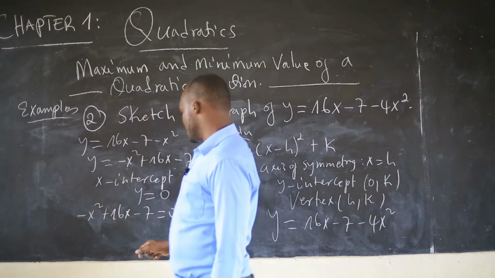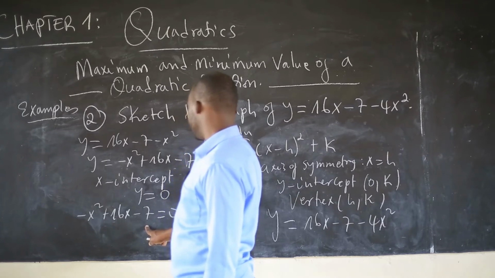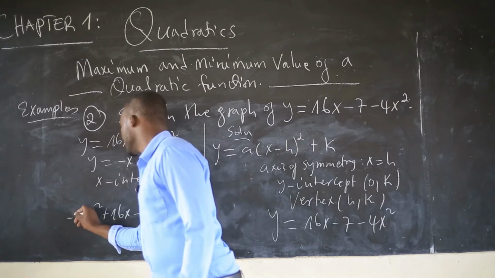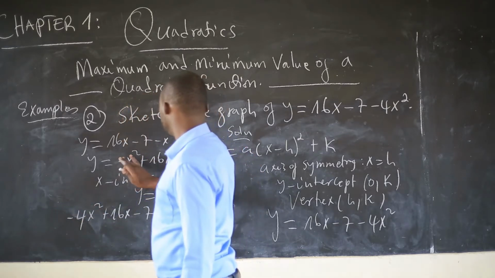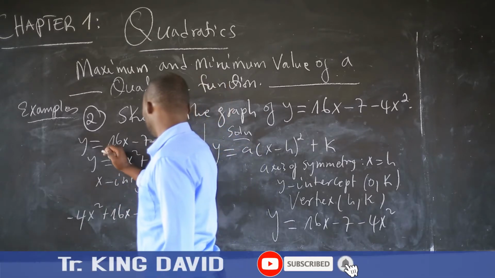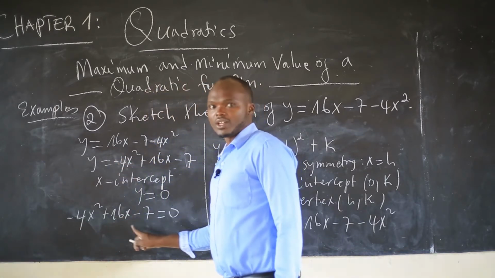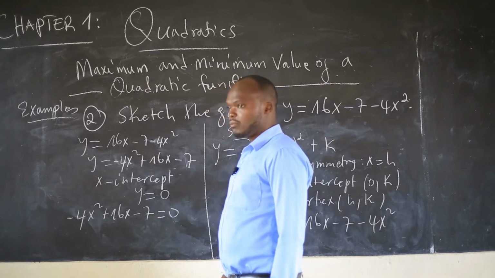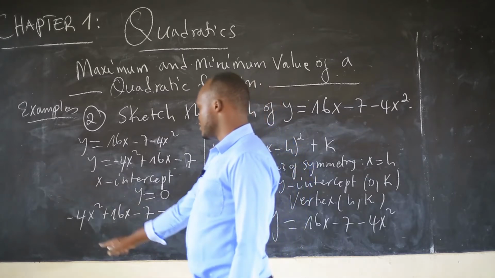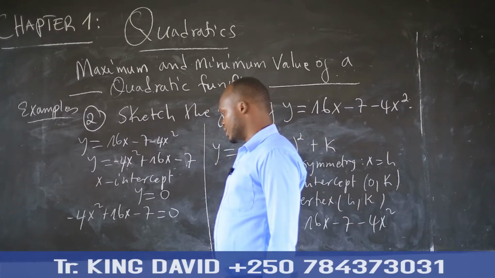So the product is 28 and the sum is 16. Two numbers we can multiply to get 28 and add to get 16.